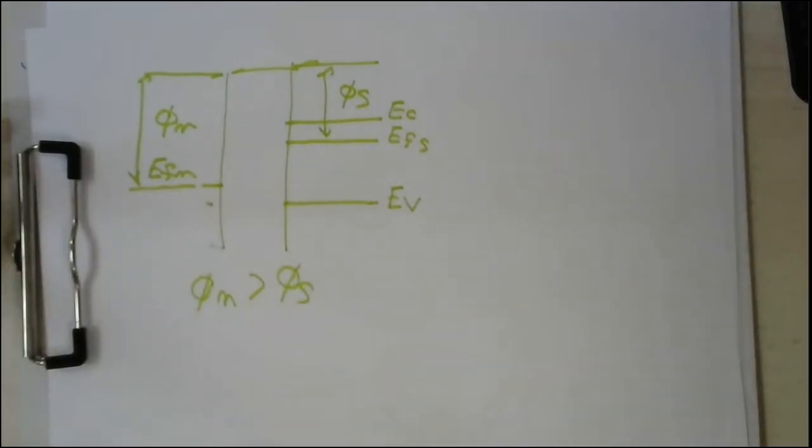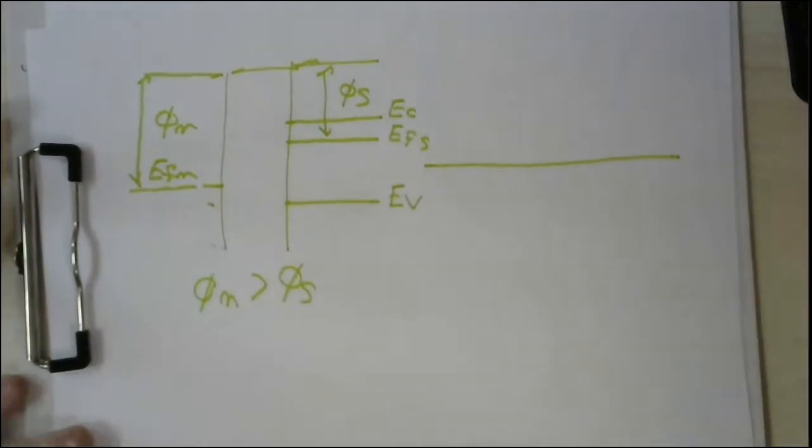Now what we are going to do, my dear students, is plot an energy band diagram for this semiconductor metal junction under thermodynamic equilibrium. As this junction is under thermodynamic equilibrium, that means we have a horizontally aligned Fermi level.